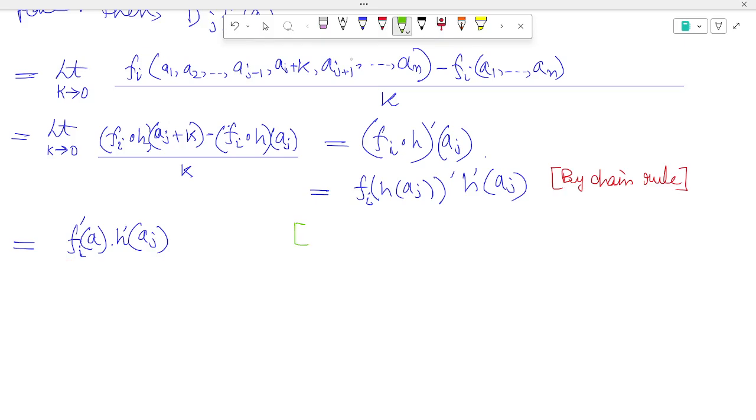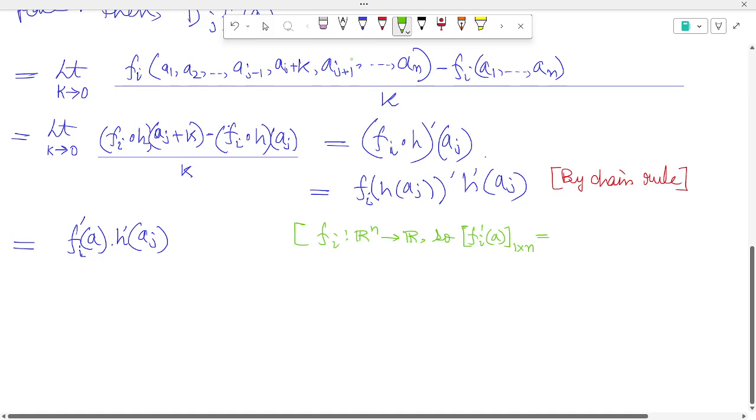Remember, f_i was a map from Rn to R. So f_i dash a will be a matrix of order 1 cross n.